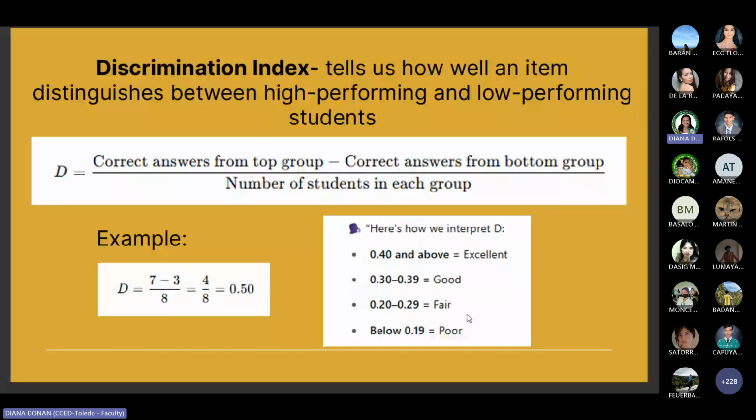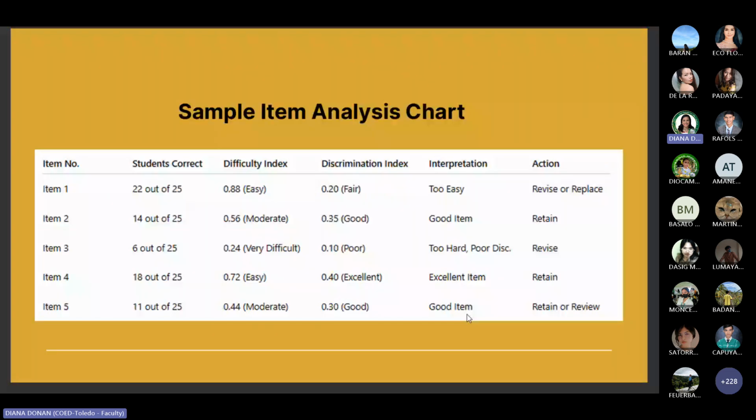So let's look now at the sample chart that summarizes the results of an item analysis for the 5 questions. Okay. So muna siya yung mga examples. Now let's walk through item number 3. Okay, item number 3, only 6 got it right out of 25.